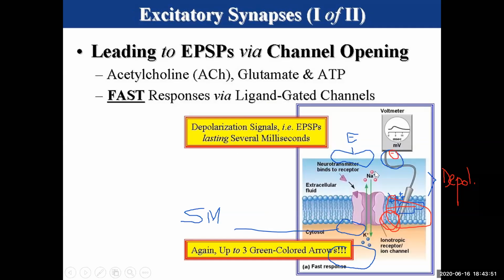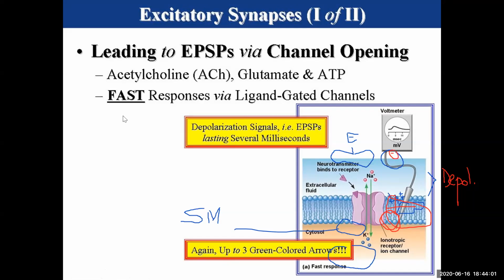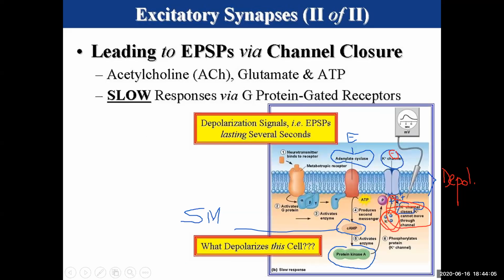This one is by depolarizing the cell through net positive charge influx, whereas this one generates depolarization by preventing positive charge efflux.